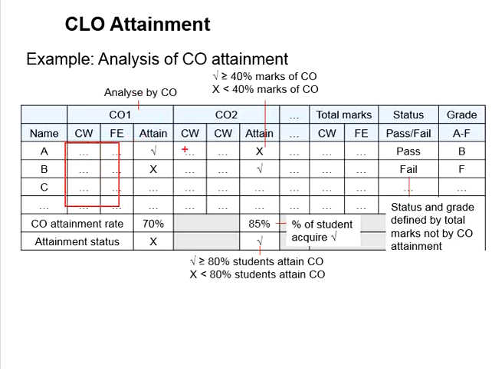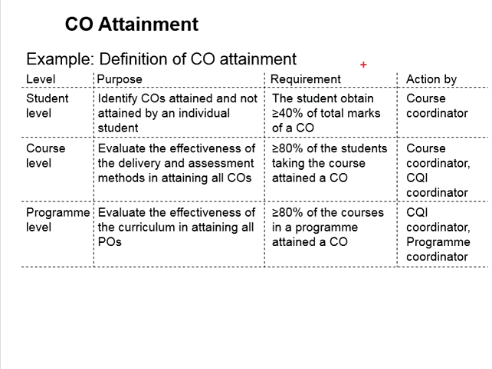Having all the marks classified in accordance to the COs, you will then need to determine the attainment of the respective COs. The definition of the attainment refers to the students' levels.